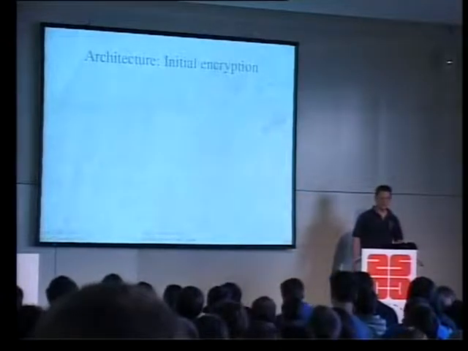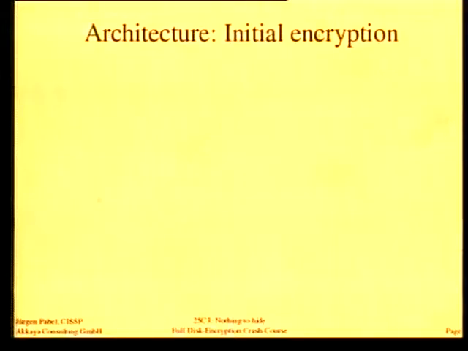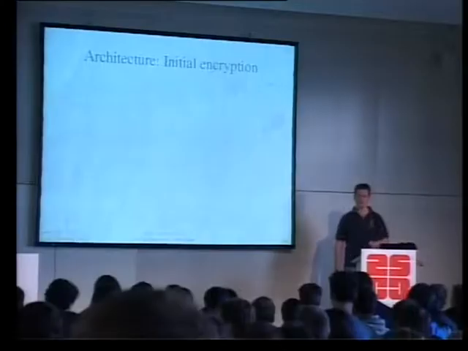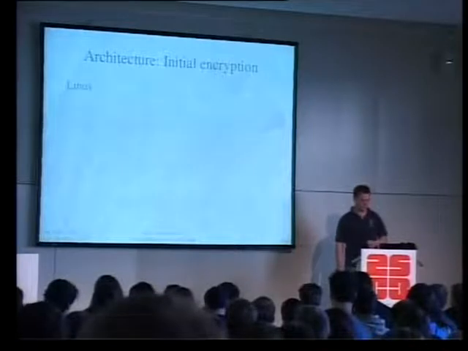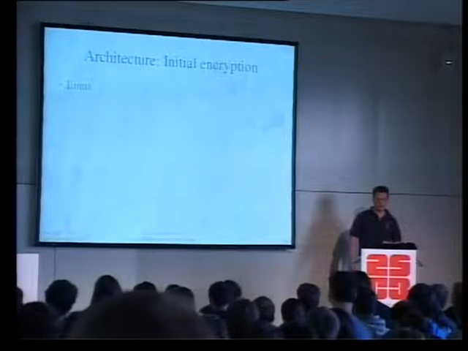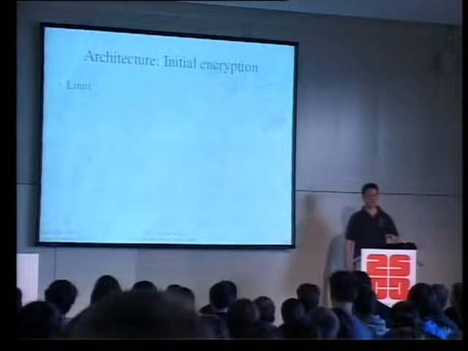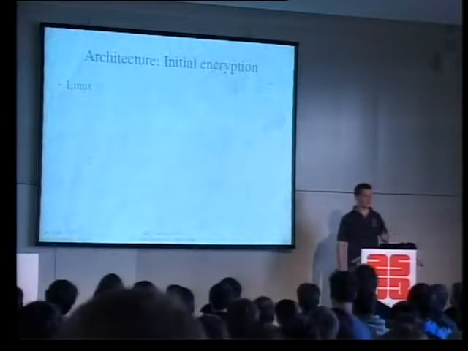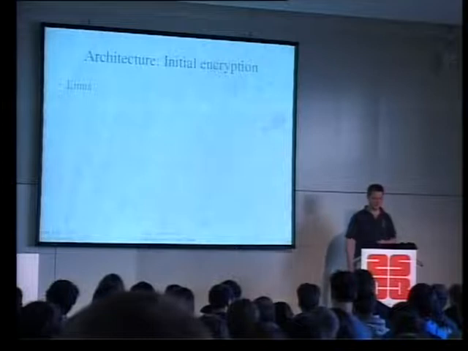When you're talking about disk encryption, you either consider this when you set up the system, so during installation it's encrypted, or you want to add it later on. So there's the aspect of initial encryption. How do you transfer your disk from being unencrypted to being encrypted? On Linux, you have, like I said, the device mapper, and one drawback is that you cannot convert an existing file system in place yet into an encrypted file system.